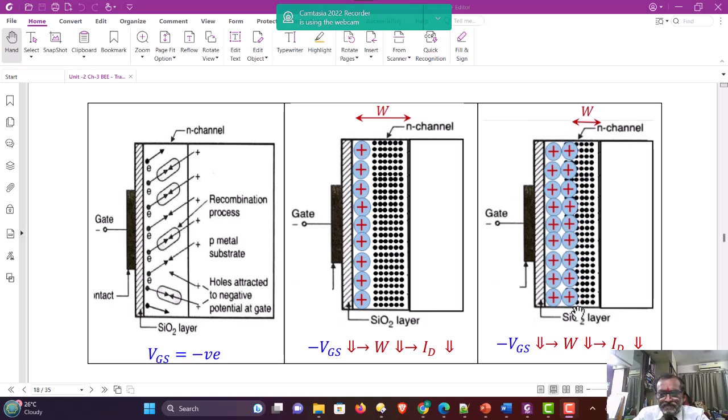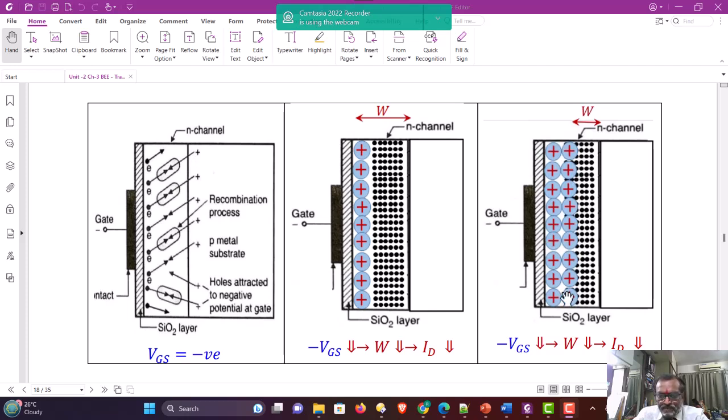And obviously, if the number of electrons is decreasing, then the drain current is also decreasing. So if a negative gate to source voltage is applied, the channel will be depleted of charge carriers by reducing the width of the channel due to the depletion field effect of the gate supply voltage.